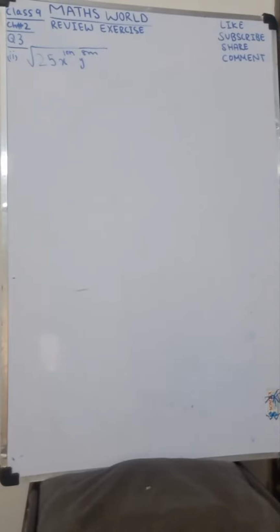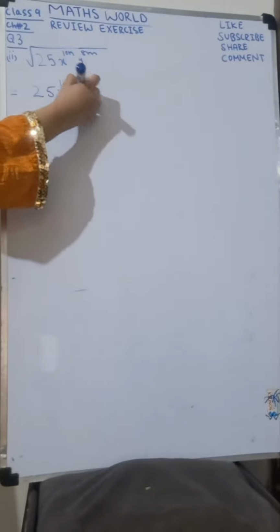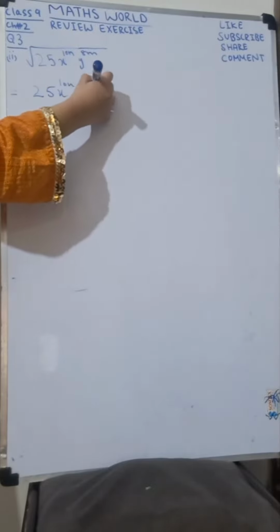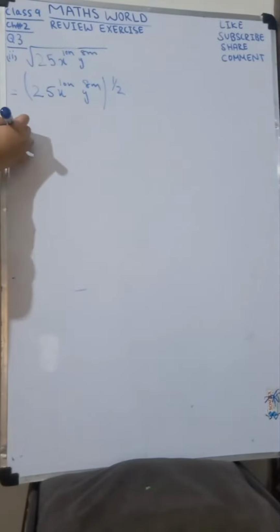Part number 2. How you will do, simply convert the radical form into exponent form. (25 x^10n y^8m)^(1/2).